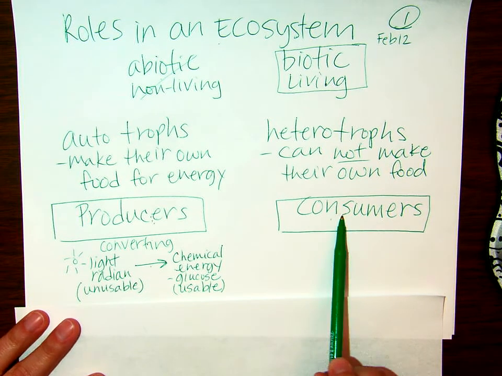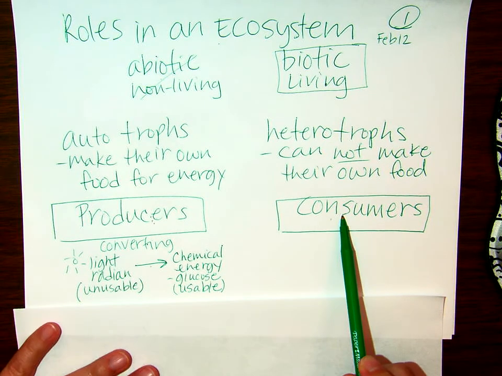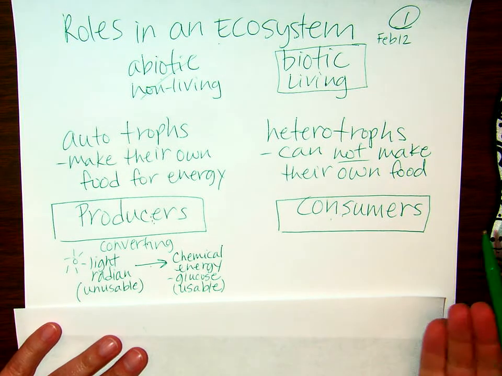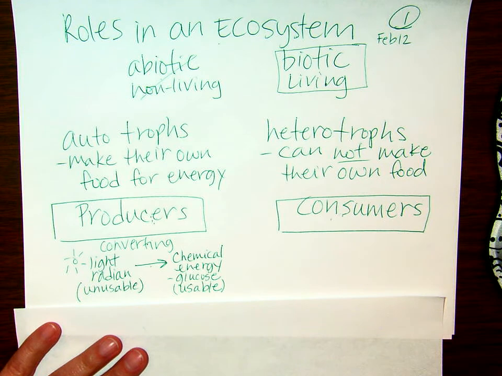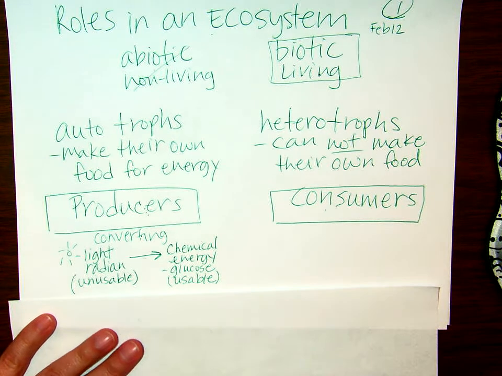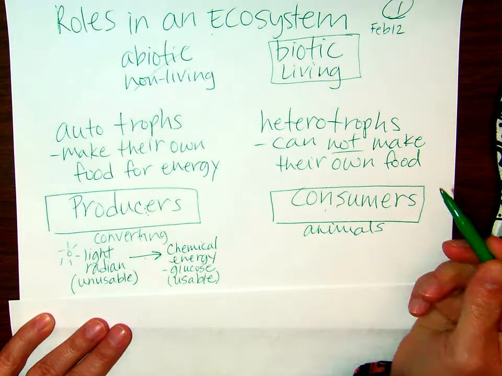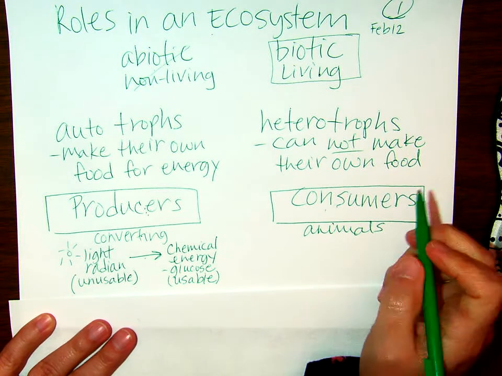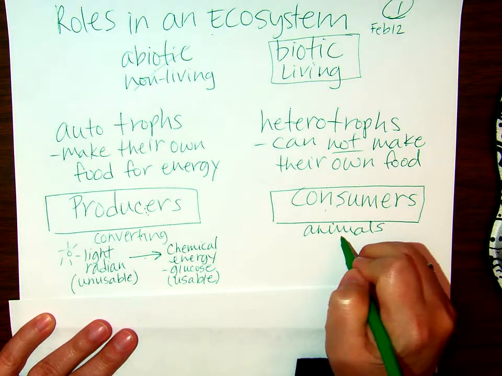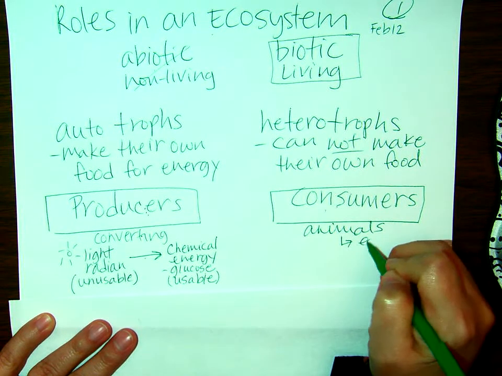We can't make our own food. So consumers have to eat other organisms in order to get energy to live. Okay, so let's focus on animals because they're the main consumers. We're animals also. So there's 3 major types. We have the type that eat plants only.